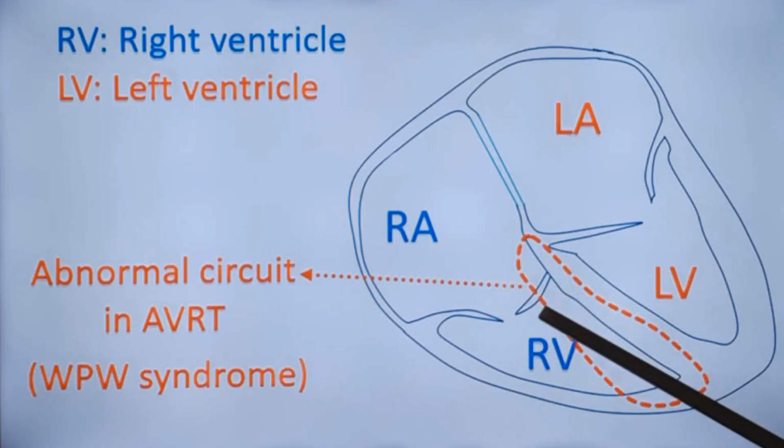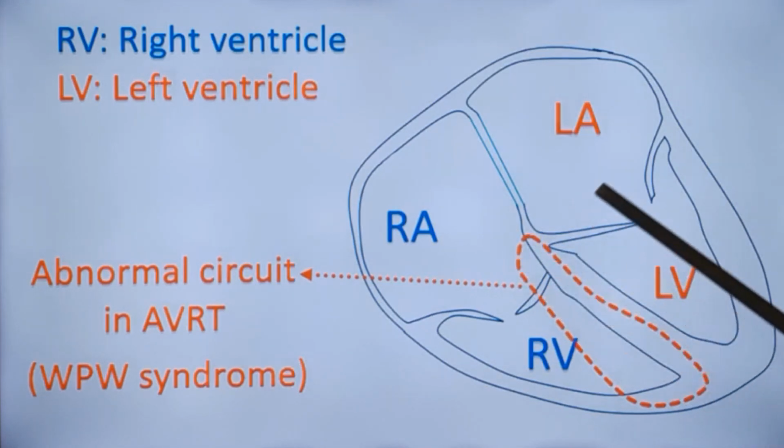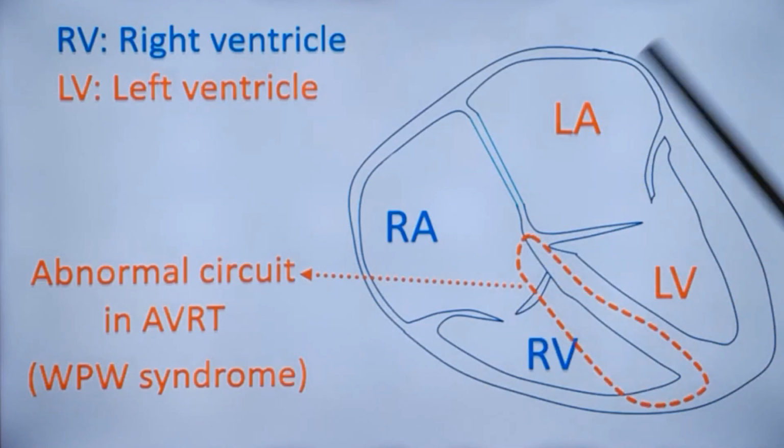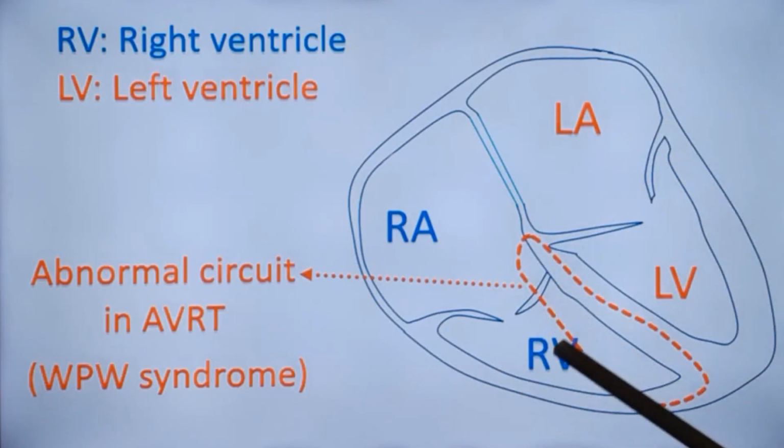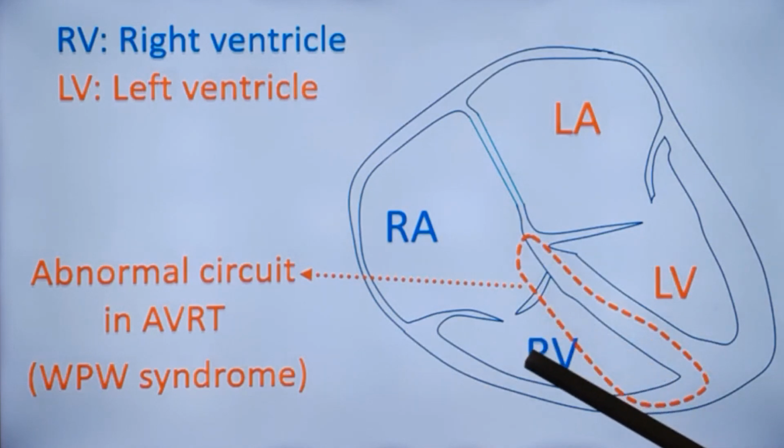If it is right-sided, it will start from here, left-sided here, and it could be posterior, anterior, wherever the pathway is, the P wave morphology, if you are able to see, will change. But very often, you will not see the P wave because it may be buried within the end of the QRS. You may see it as pseudo S, pseudo R, like that. So, different types of pathways are possible, and I have described the orthodromic conduction.